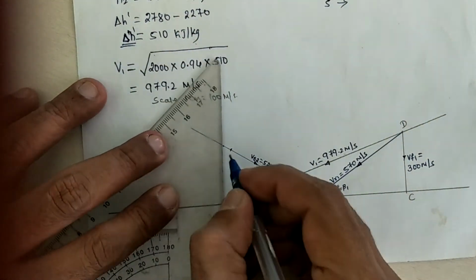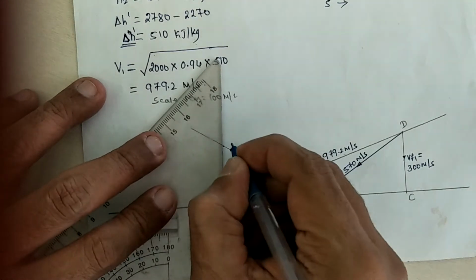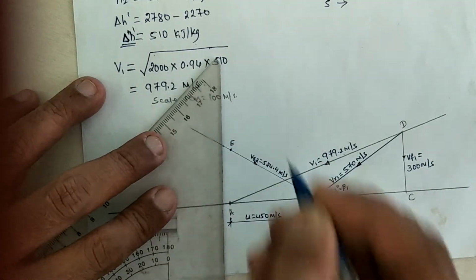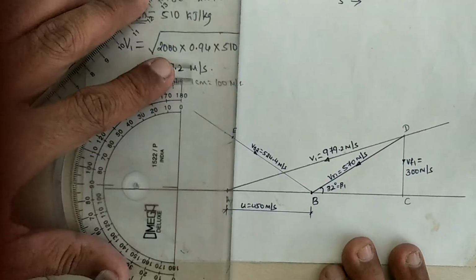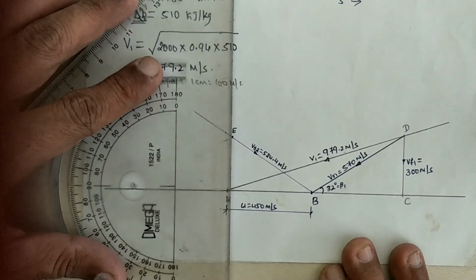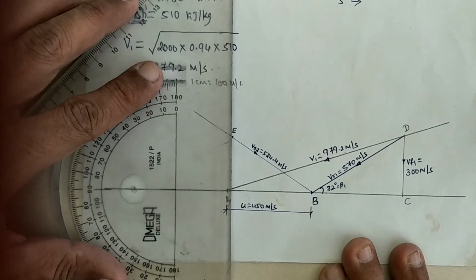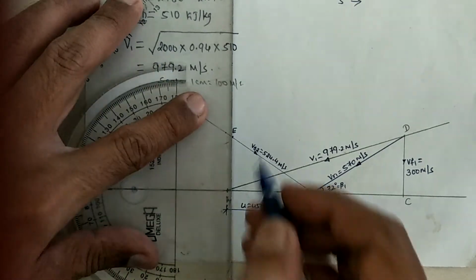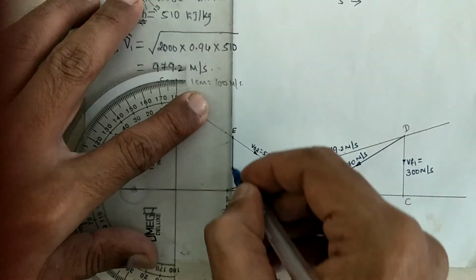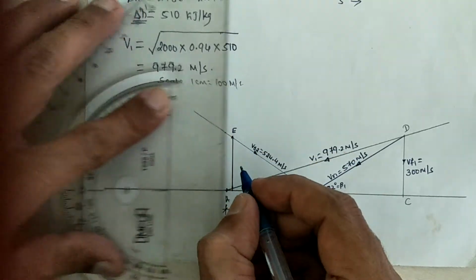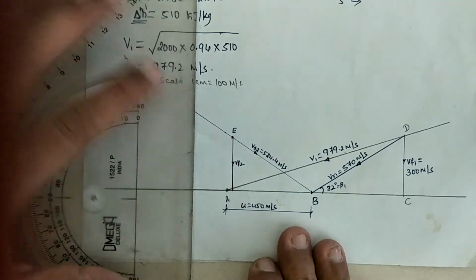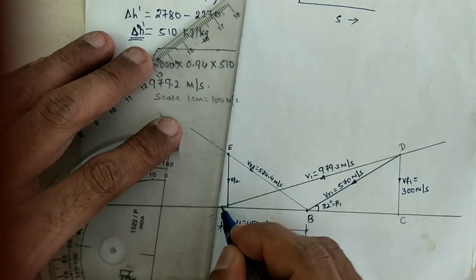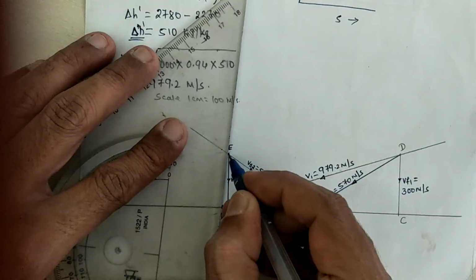This is the point E. From point E you have to draw a vertical line downward. So this is VF2. Then join AE.